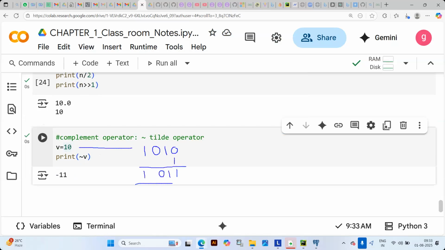This 10101011 is equivalent to the decimal value 11. And according to the electronic assumption, if the most significant bit is 1, it will be considered a negative value. If the most significant bit is 0, it will be a positive value. So according to that, the output computed is minus 11 whenever you perform the tilde operation, which is a 2's complement operation for the given value.